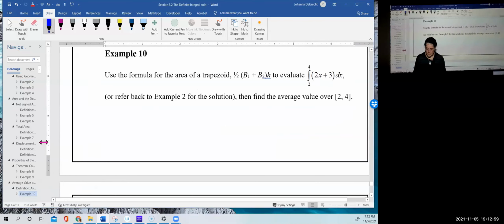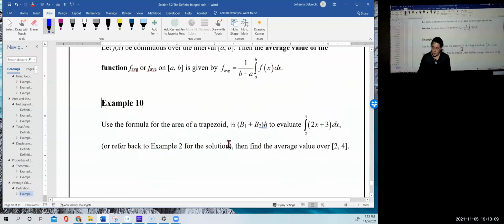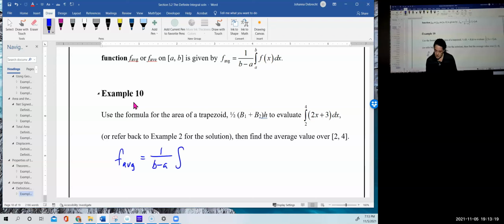Coming back now to problem 10, what we want to do is take the value of this definite integral and compute the average value. So we're going to use the formula f average is equal to 1 over b minus a times the integral from a to b of f of x dx.